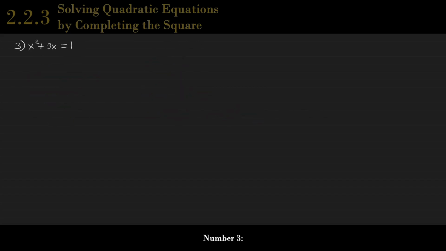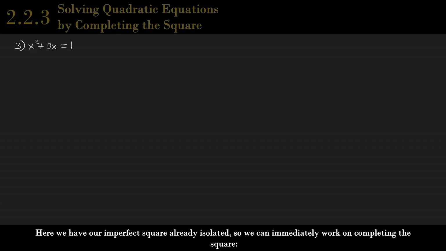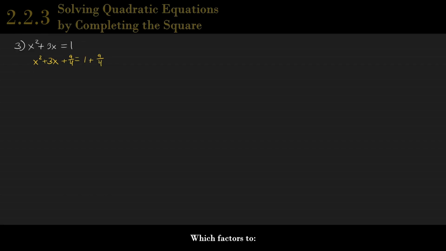Number 3. x squared plus 3x equals 1. Here we have our imperfect square already isolated, so we can immediately work on completing the square. x squared plus 3x plus 9 over 4 equals 1 plus 9 over 4, which factors to (x plus 3 over 2) squared equals 13 over 4.